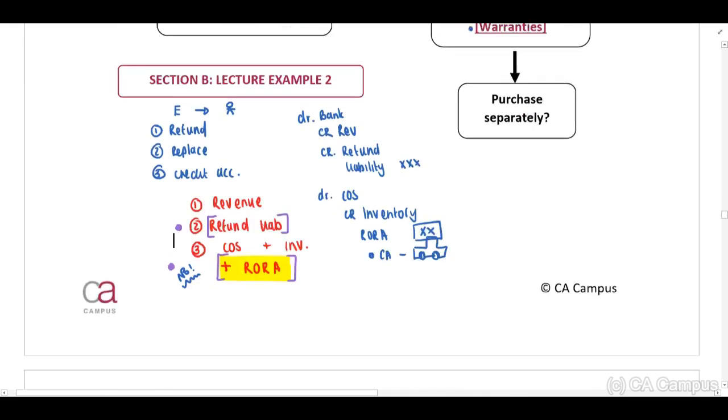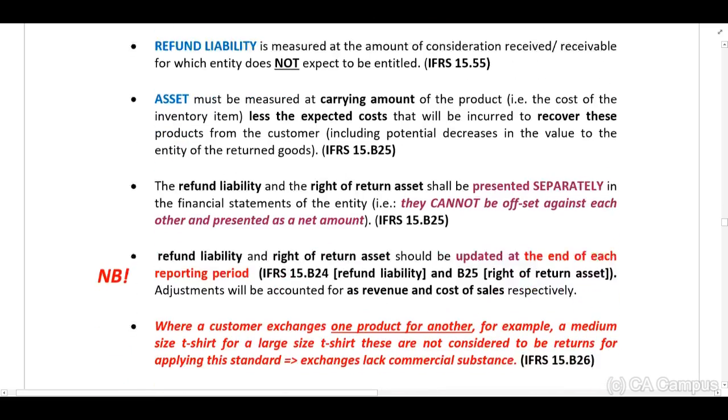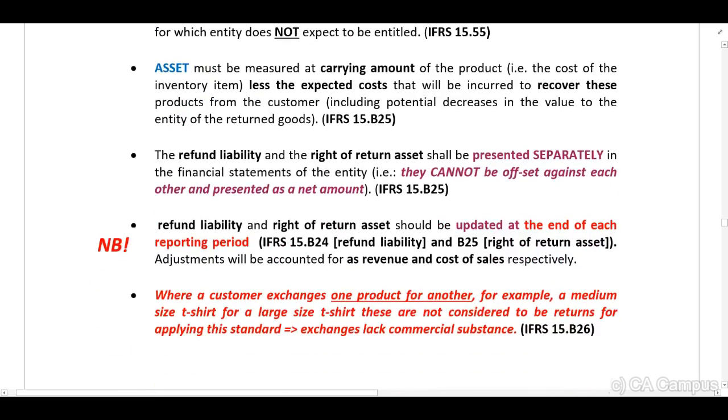Now, when you look at the notes, guys, we have discussed the majority of this. The only thing that I want to discuss with you is where we have a customer that exchanges one product for another, for example, due to size. Guys, this is not the right of return asset account.